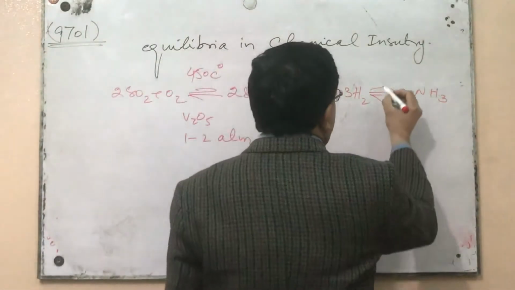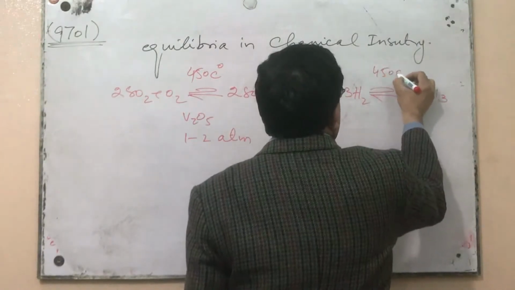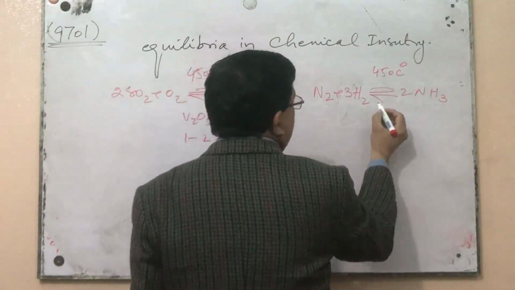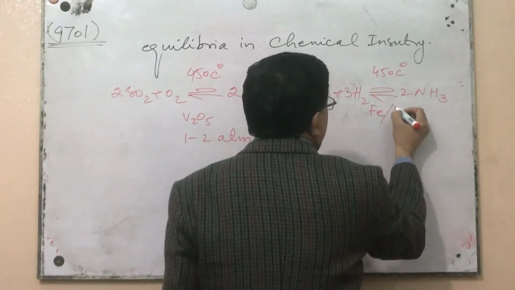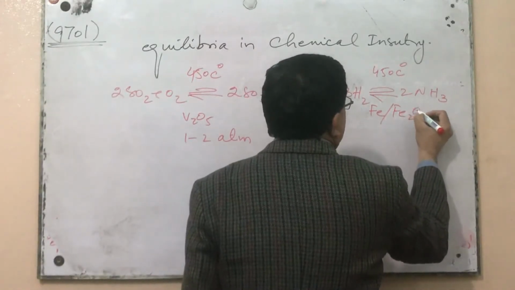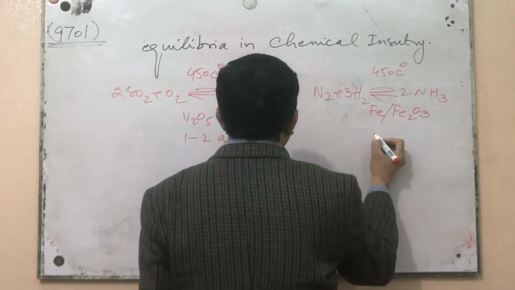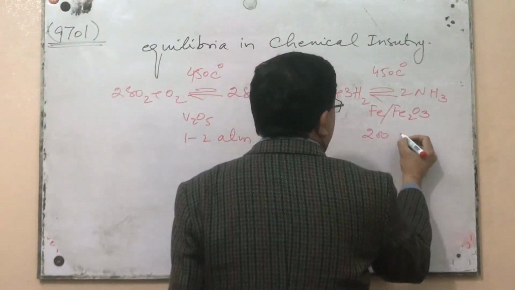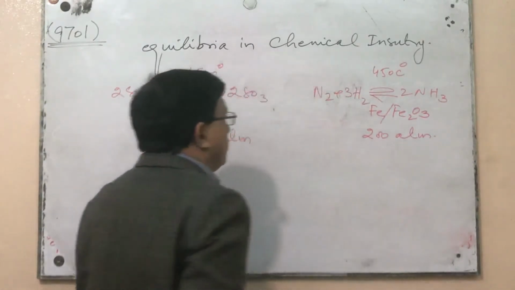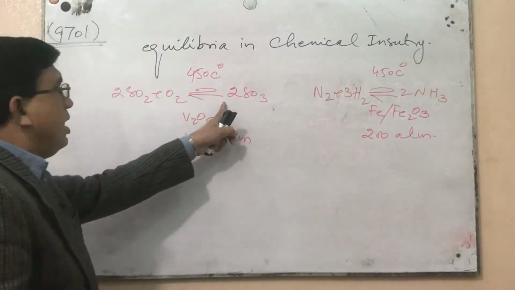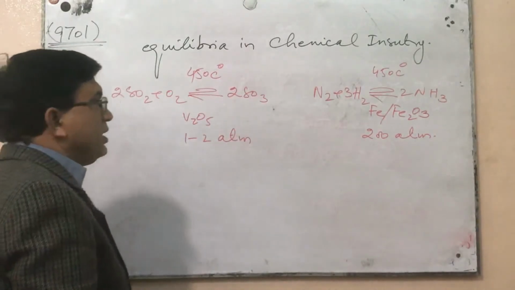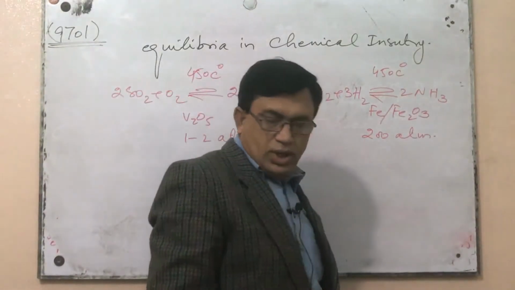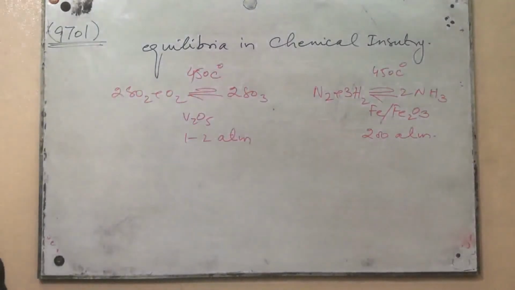What are the conditions here? 450 degree centigrade temperature is the optimum, and we use iron as a catalyst and iron trioxide as a promoter, and we use 200 atmospheric pressure. Now this is also an exothermic reaction, and this is also an exothermic reaction.